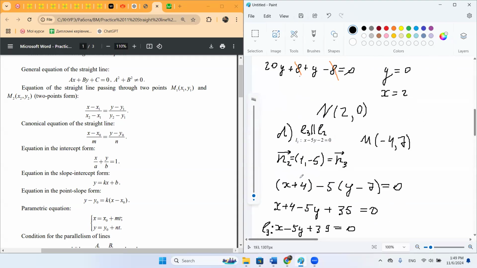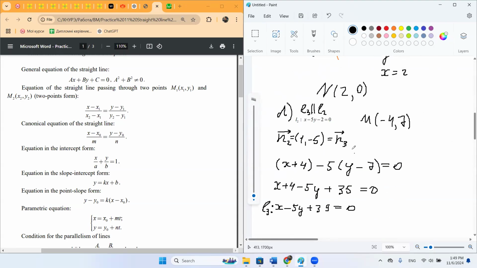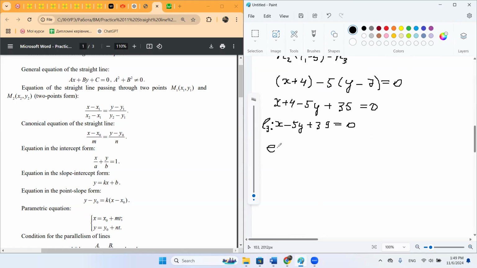Okay. Any questions about this task? Any comments? No. Okay, moving next.